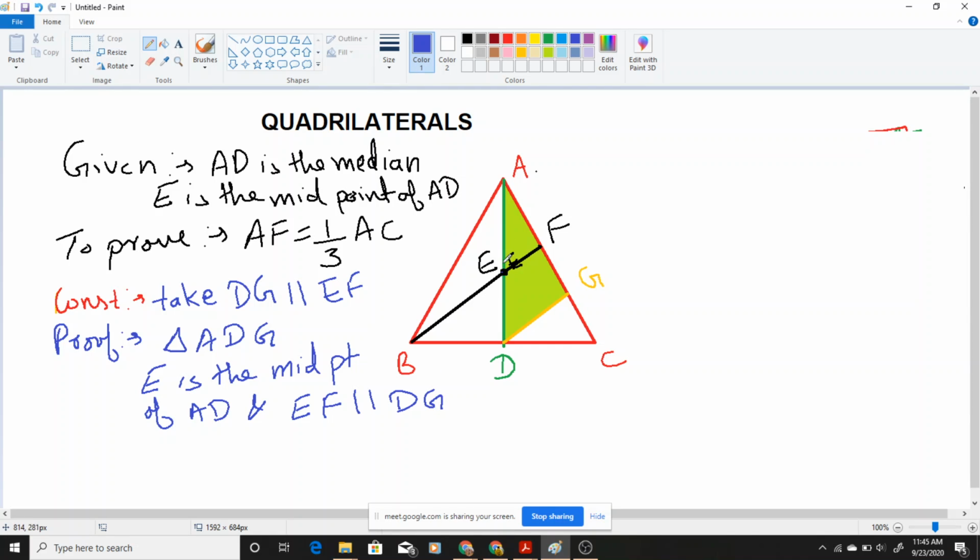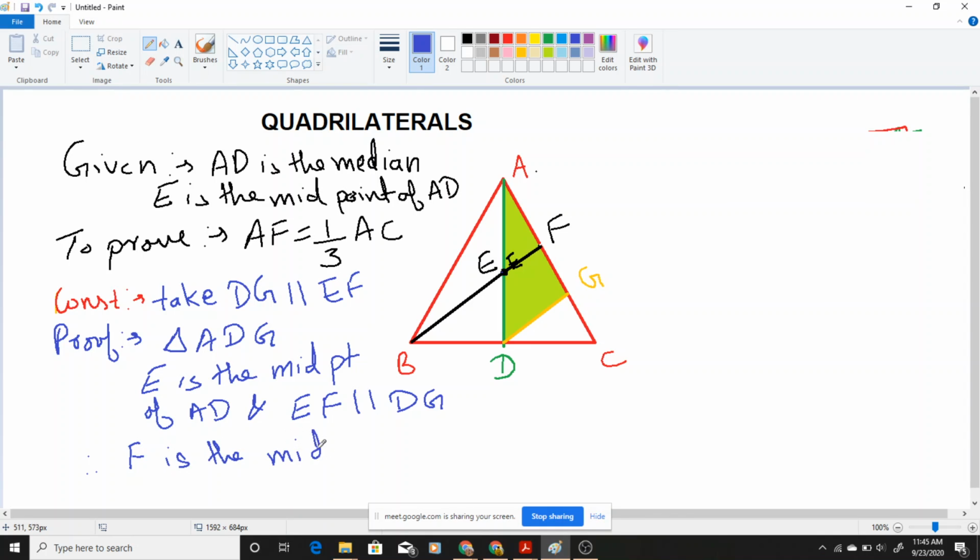See, this E is the midpoint of AD and this EF is parallel to DG. If the condition is like this, one midpoint we are having and one parallel line we are having, that means this F will also become the midpoint. Therefore we can write this F is the midpoint.